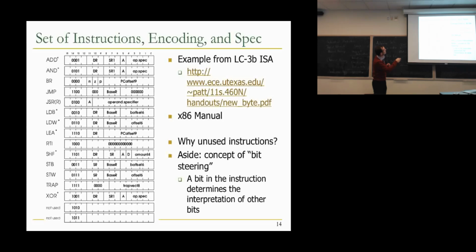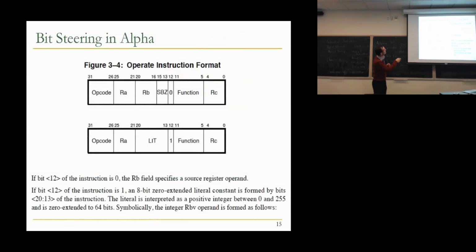I just want to show you that similar concepts are used in different instruction sets. This is bit steering in Alpha, for example. It's actually the same thing. It's an operate instruction. It could be add, just like in LC3B, but it could be something else. It could be a subtract. And this bit over here, bit 12, really determines how you interpret the instruction.